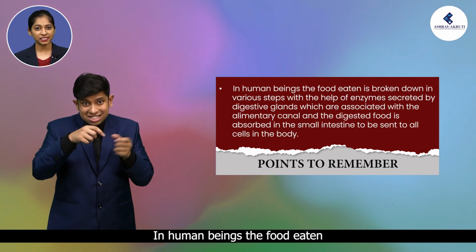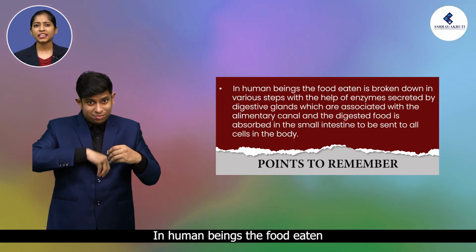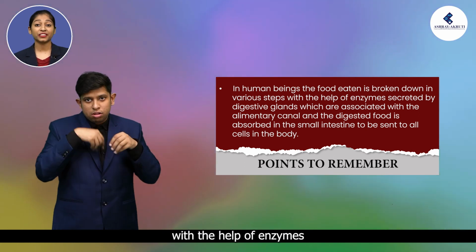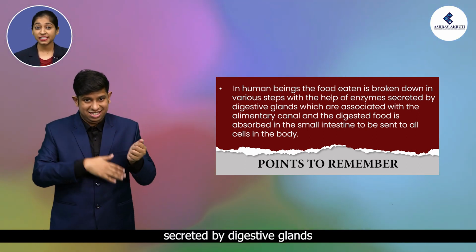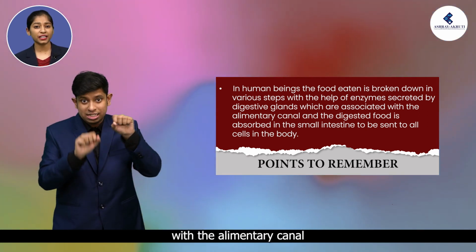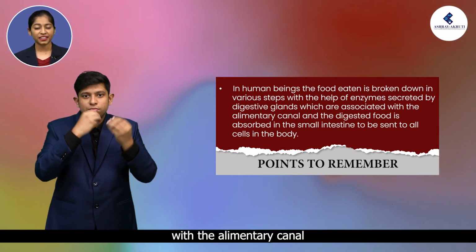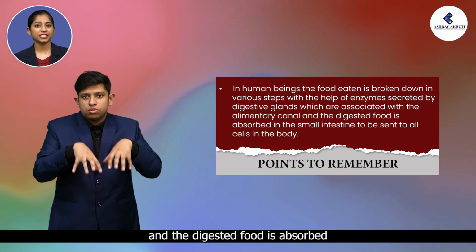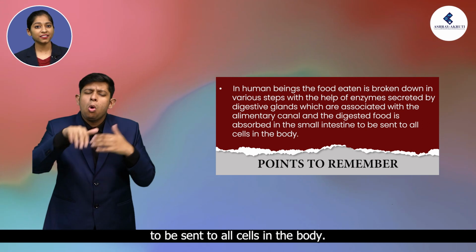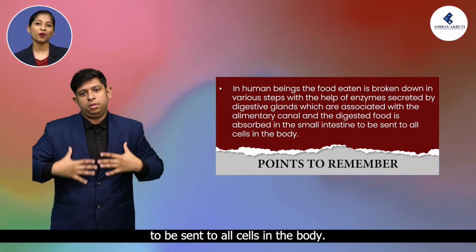In human beings, the food eaten is broken down in various steps with the help of enzymes secreted by digestive glands, which are associated with the alimentary canal, and the digested food is absorbed in the small intestine to be sent to all cells in the body.